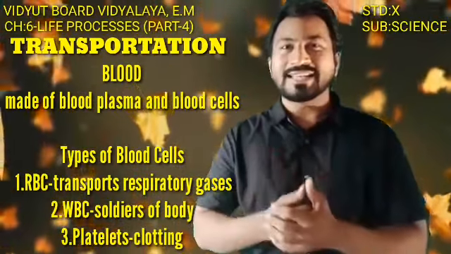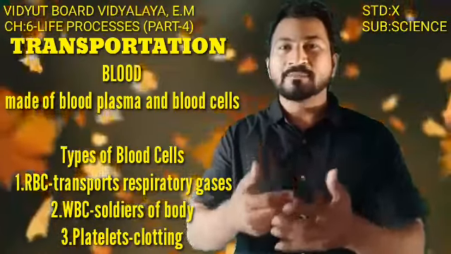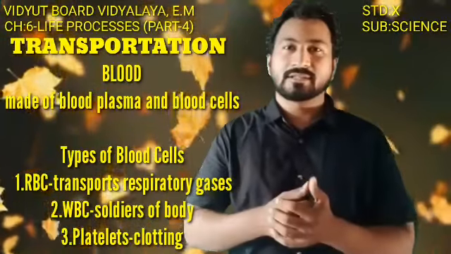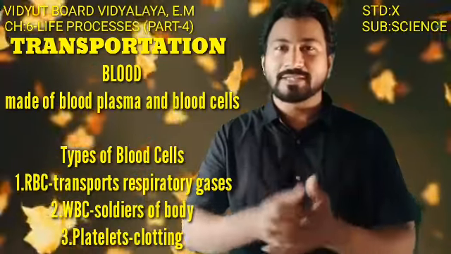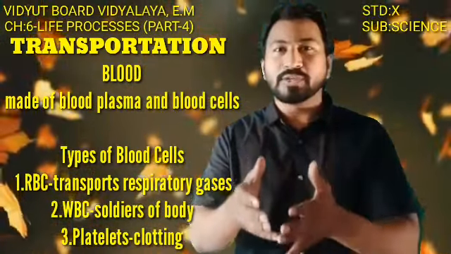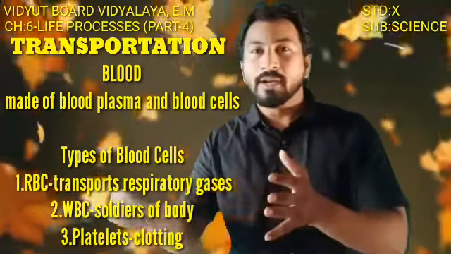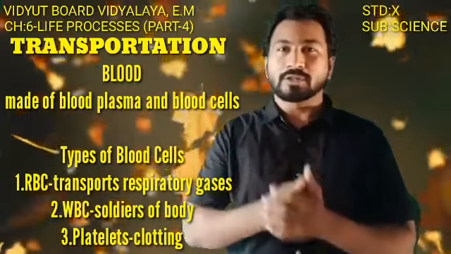Whenever there is any sort of infection or inflammation, our body is mainly protected by the soldiers, that is the WBCs. And the third one, the blood platelets, are the main ones who protect us from blood oozing out, that is, in the case of blood clots.